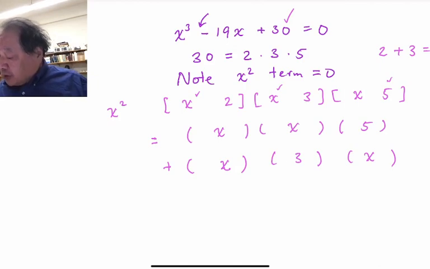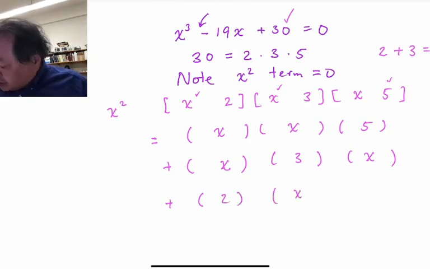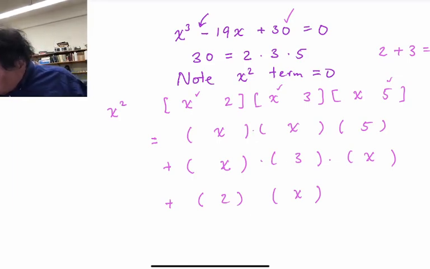And then the last way we can do it is that in the first grouping, we're going to choose the 2. From the second grouping, we're going to choose the x. And in the third grouping, we have to choose an x again.